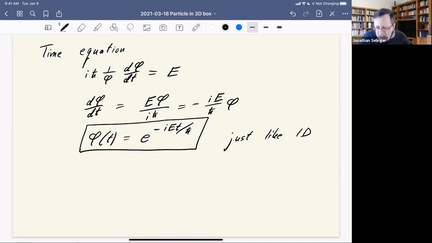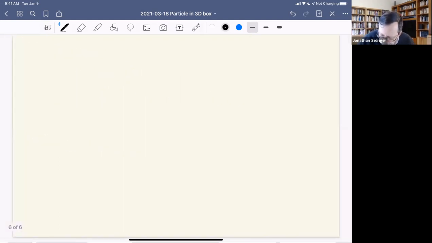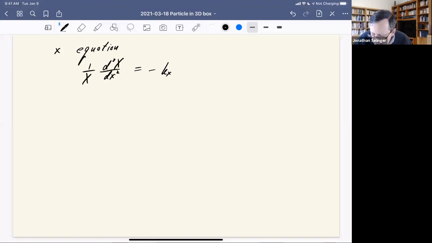How about the x equation? We have 1 over big X times the second derivative of big X with respect to little x, equal to negative kx squared.